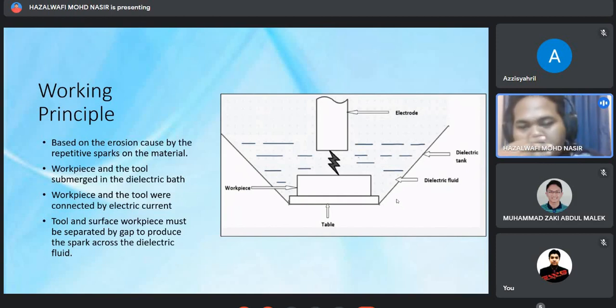So the concept is, when the power supply supplies the current to the electrode, an electromagnetic effect occurs between the workpiece and the electrode, introducing the spark. The spark will increase the temperature and melt the workpiece.